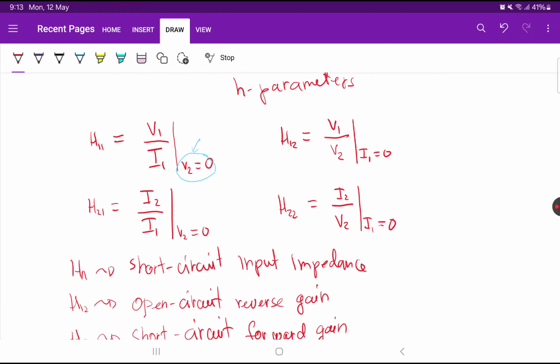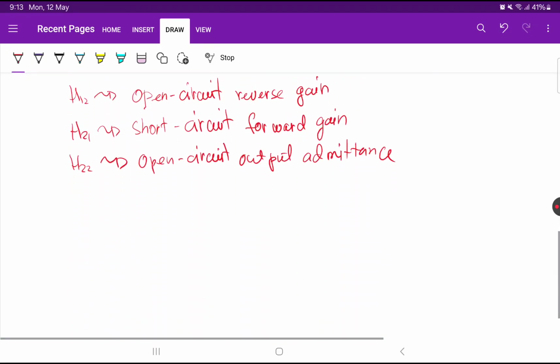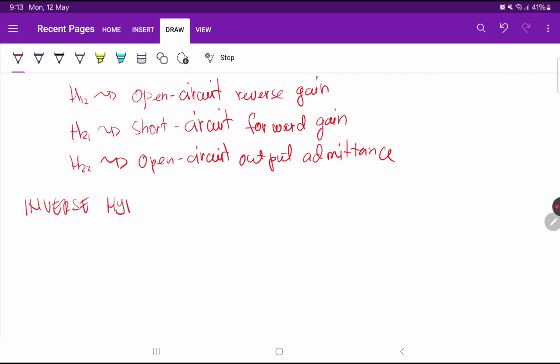But there are also other parameters related to this one. They call it the G parameter, or simply the inverse hybrid parameter. This is similar to the H or simply hybrid parameter.